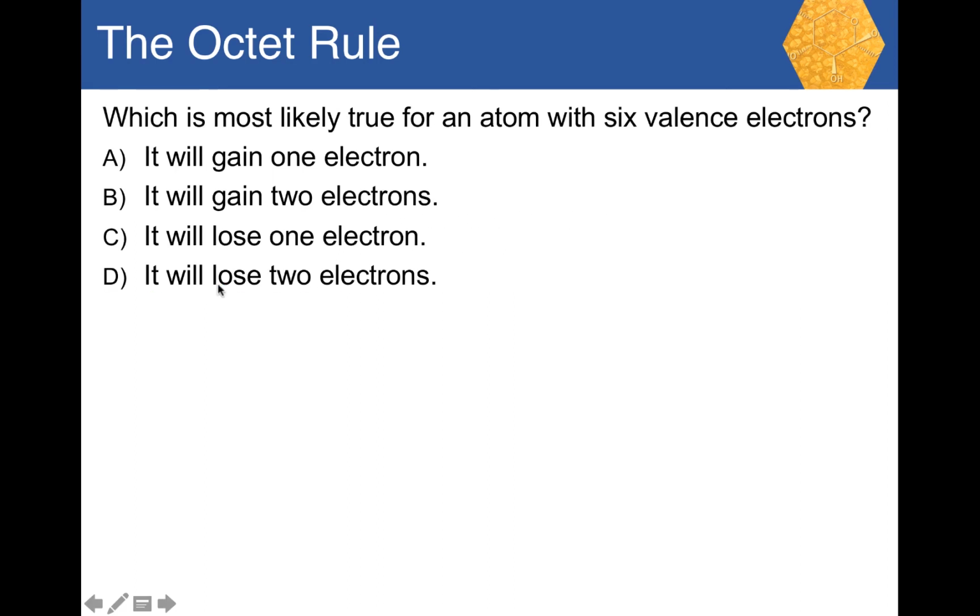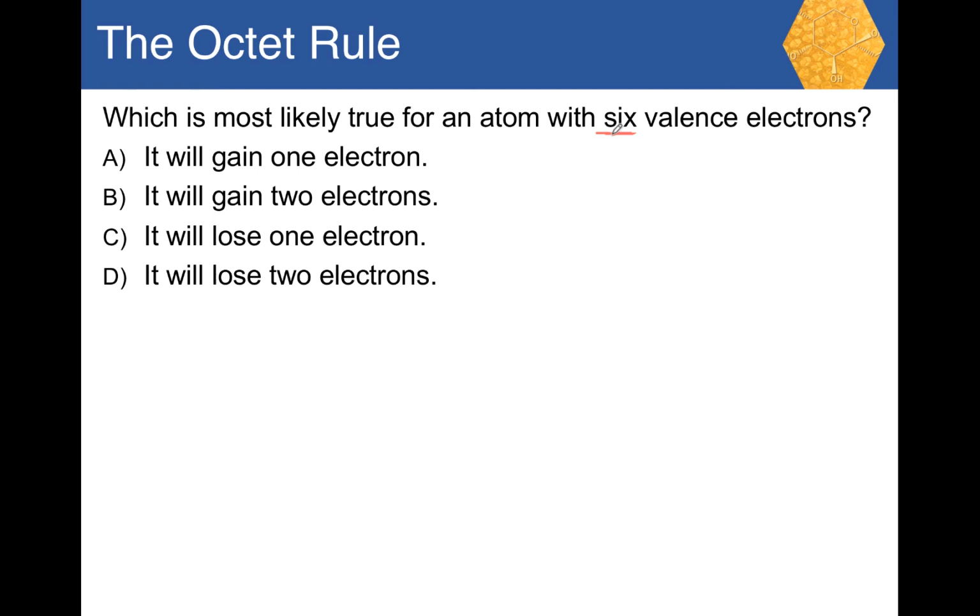Okay, let us look at a question here just to make sure you have understood that concept. Which is most likely true for an atom with 6 electrons? Of course, let us think through that question.